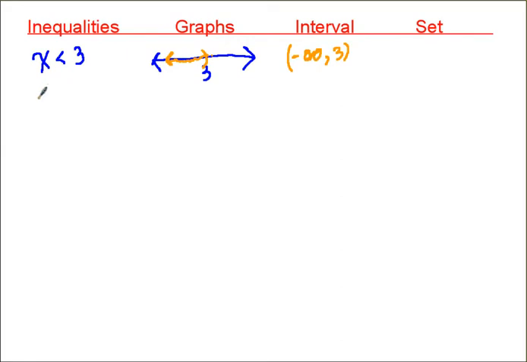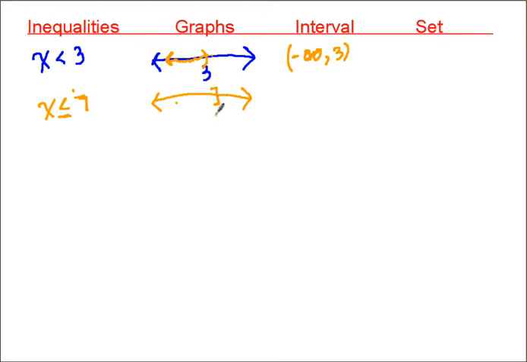Let's take a look at another one of these here. What if we go with x is less than or equal to 7. We should have a really similar setup here. We graph it with our number line again. Alright, and then we are at 7, but instead of having the parenthesis, we have a bracket here.